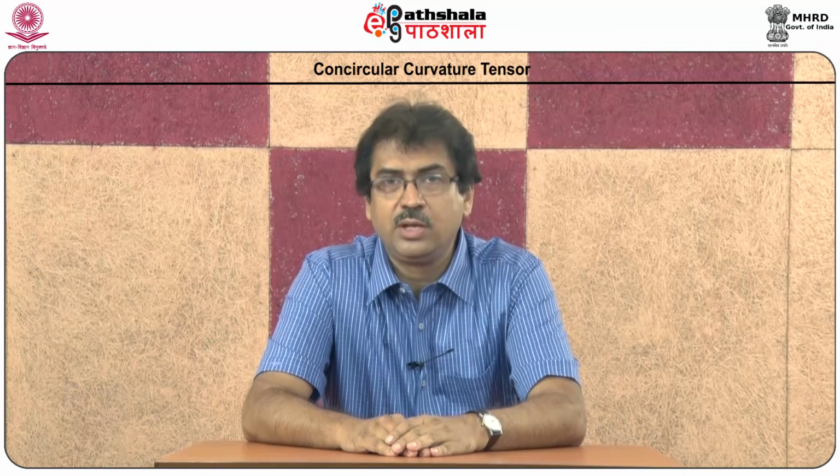So, in module 3 of chapter 10, we have learned about 3 types of mappings and their curvature tensors. The first one is projective mappings and projective curvature tensor. The second one is conharmonic mapping and conharmonic curvature tensor, and the third one is concircular mapping and concircular curvature tensor.